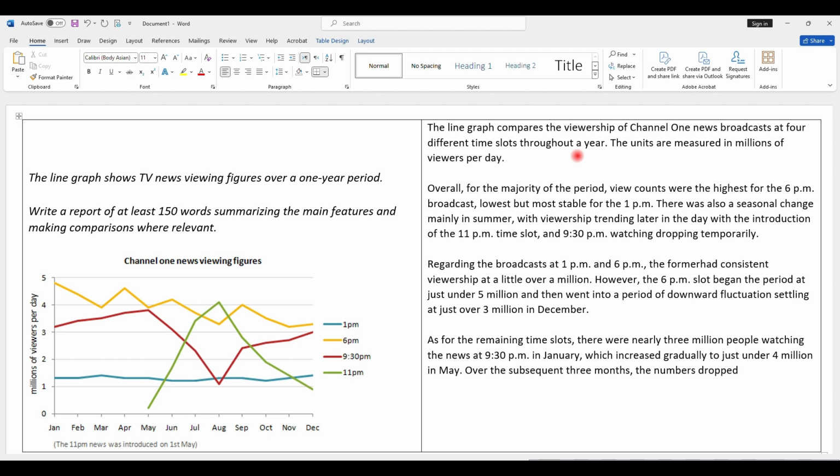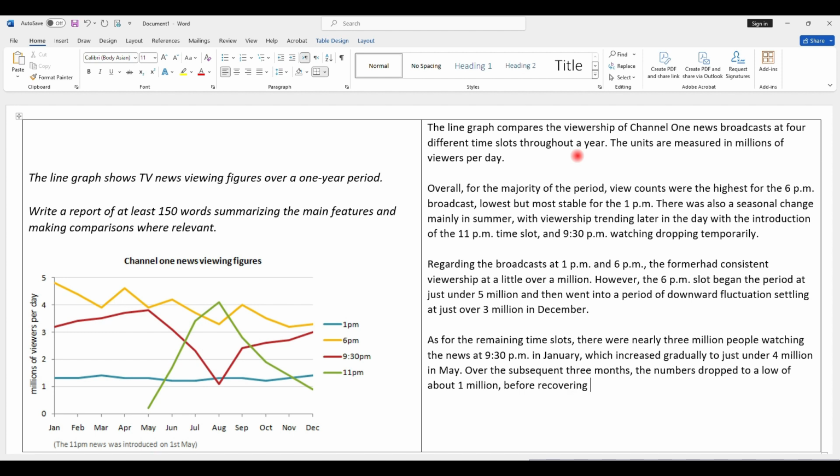So you don't need the word or adverb drastically here. So dropped is enough here. Dropped to a low of, all right, the lowest point, the low of about 1 million, all right, before recovering.